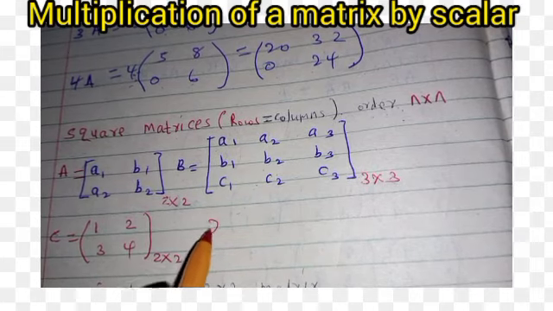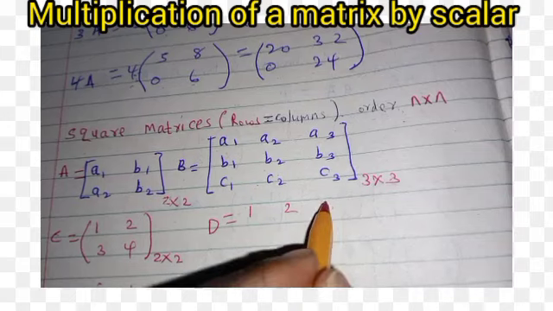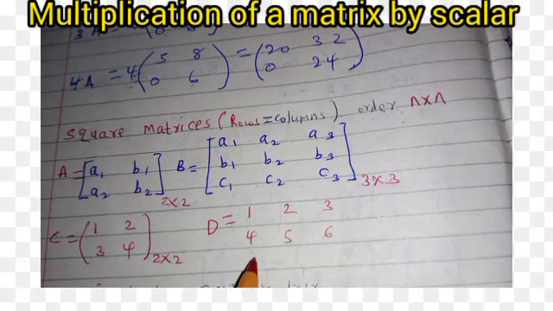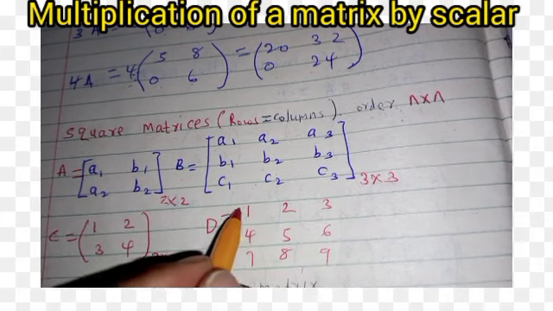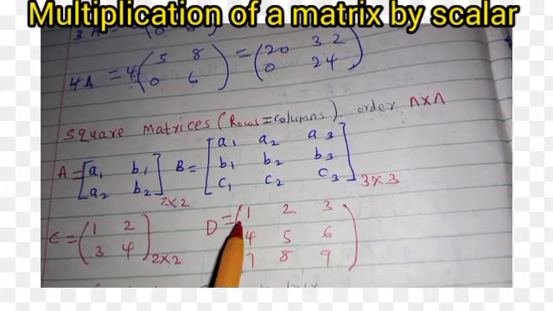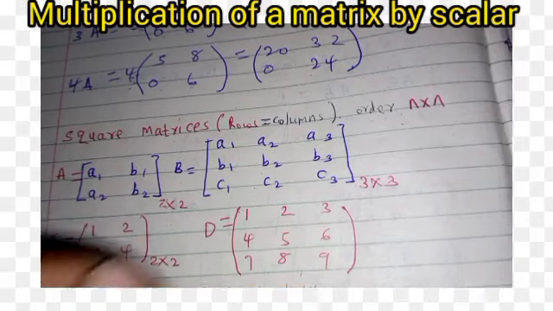If you have another matrix here of this nature, clearly this matrix has 3 rows and 3 columns.